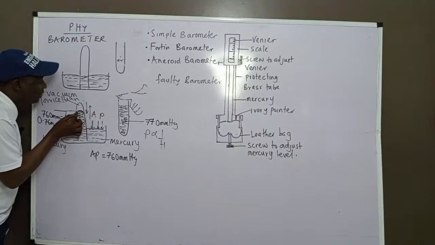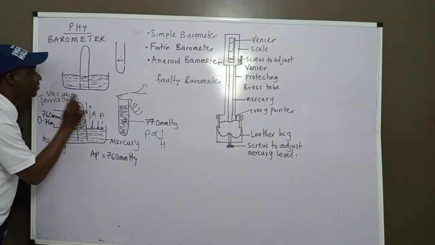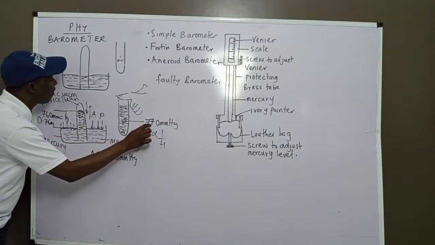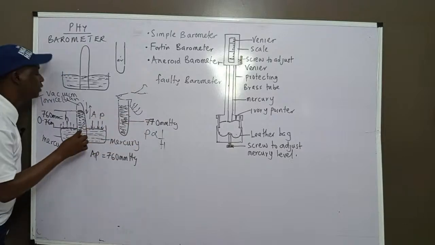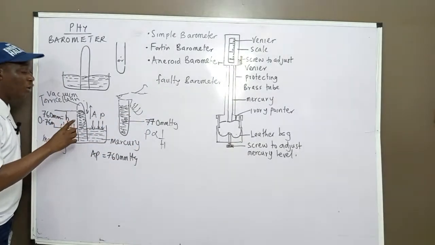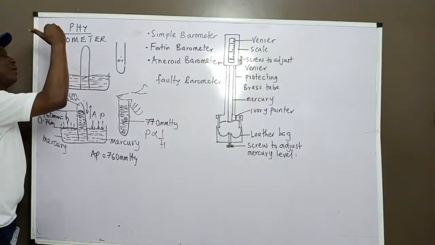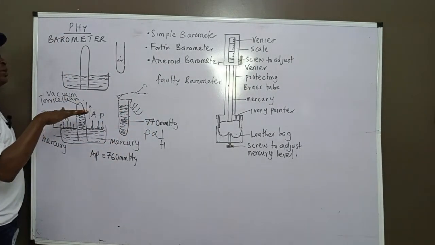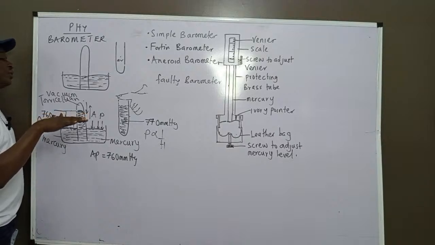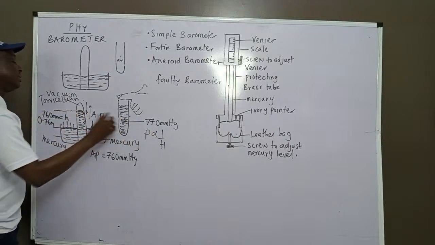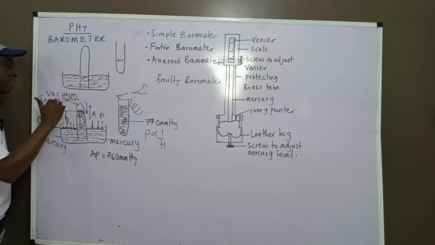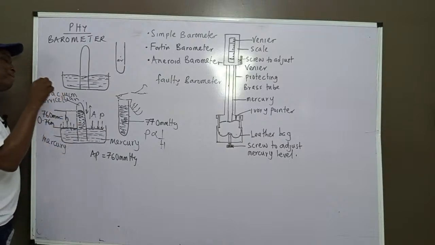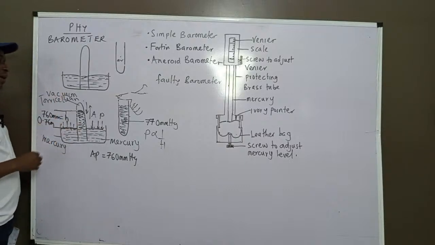That means the height of the mercury column will rise, so that this particular one will now drop to 760. Until that height has been raised, until this has attained 760, it will now be stable. At that point, the height at that moment is the measure of the atmospheric pressure.